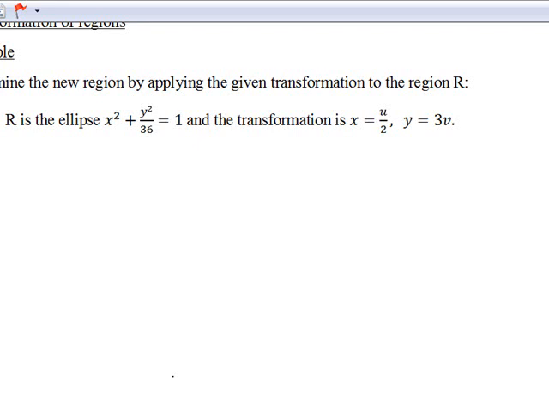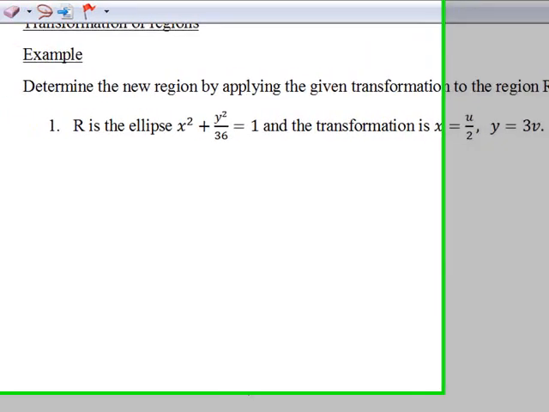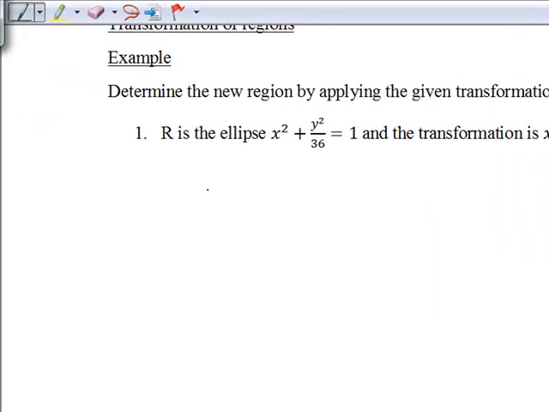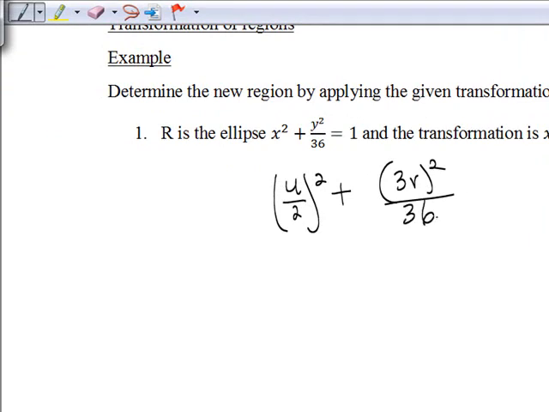So how do we transform? Just by substitution. So you replace x with u over 2 and y with 3v. So let's see what you get. So you get u over 2 all squared plus, and then you have a 3v all squared over 36 is 1.